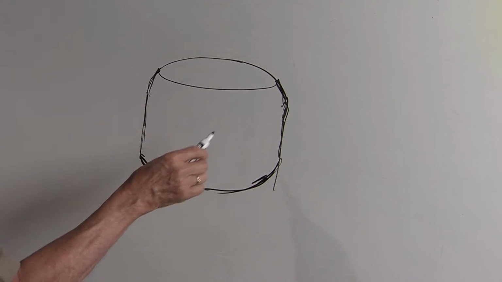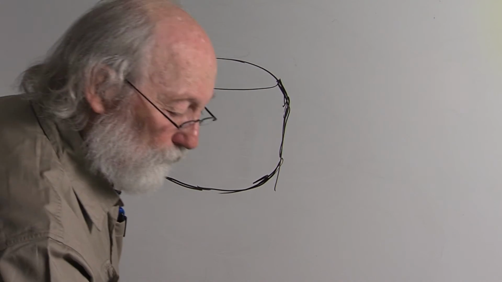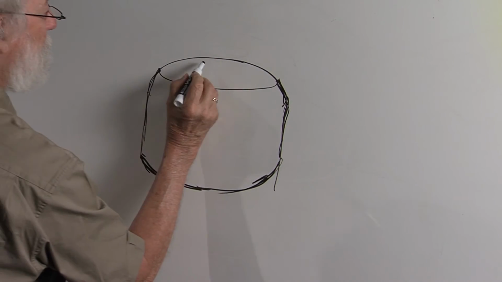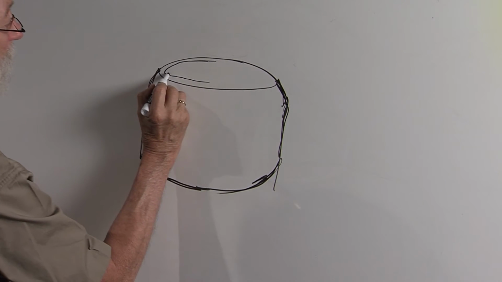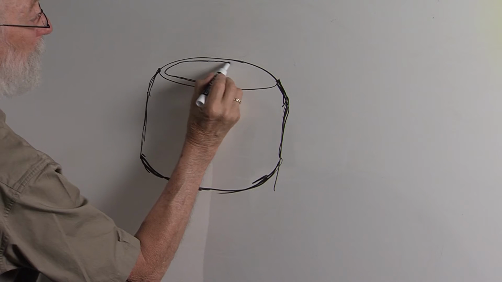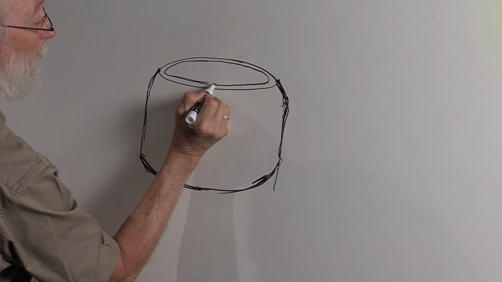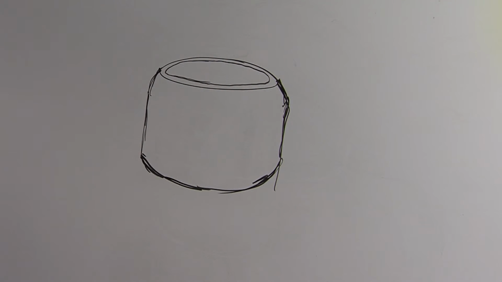So you have something that looks like that. Now there's some thickness to this too, so it's actually good to come in here and add this line around so you get a little bit of thickness inside there.